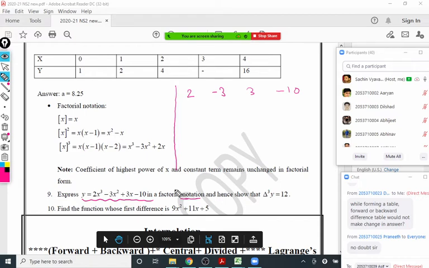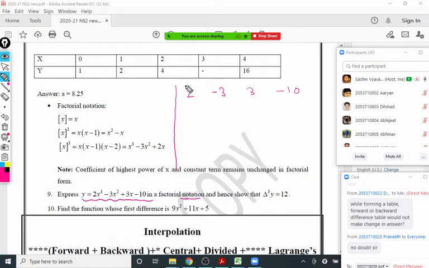Some of you may already be familiar with synthetic division. That only we have to use here. Now in synthetic division, we take the factors as 1, 2, 3 like that. So start with the first factor as 1. Whenever 1 is the factor, we just take the first coefficient as it is without multiplication.